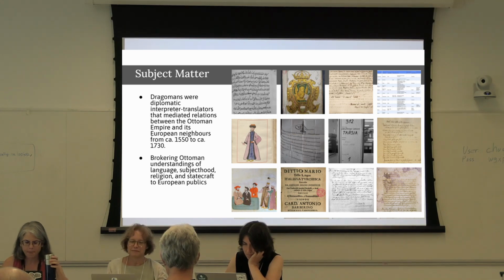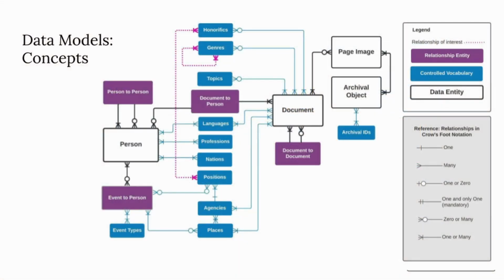Thank you, Natalie. So there's a couple of data models I wanted to show you. So these have been iterative, as Natalie alludes to, when we try and figure out what are our objects, what are our taxonomies, what are our relationships. And so what you see here is the latest version where we have these sort of first form objects, which are people and documents and archival objects, as well as the pages or pieces that make up the archival objects, which vary widely in format, I would say.